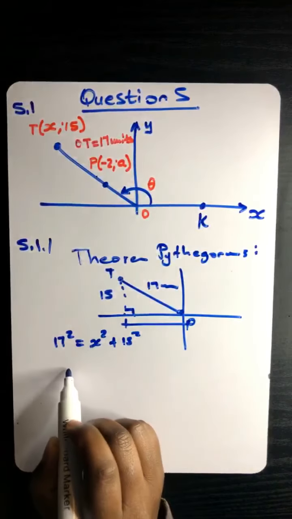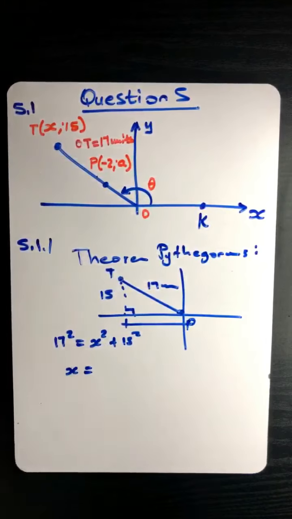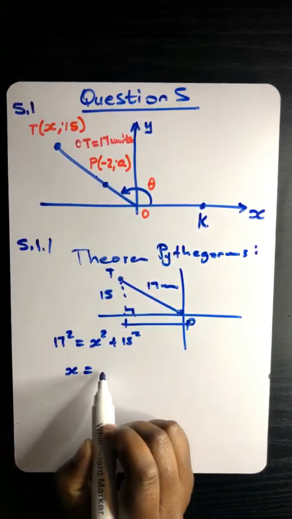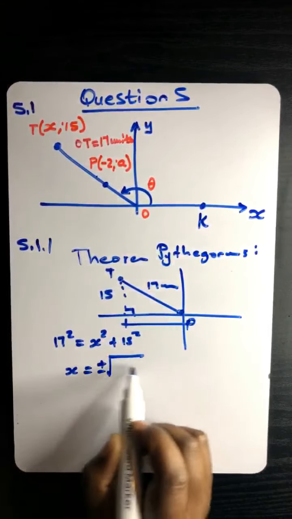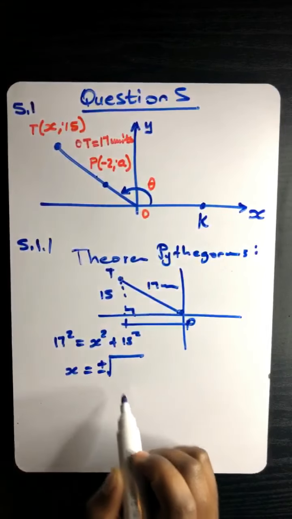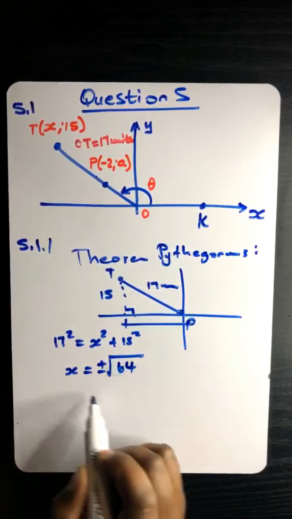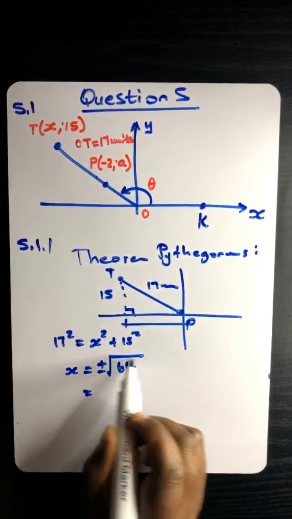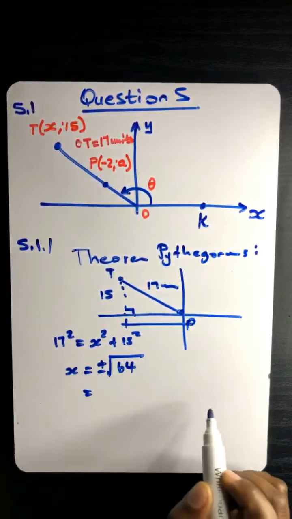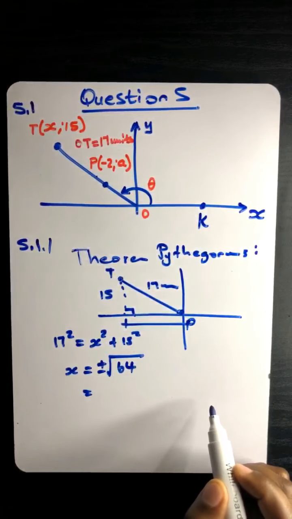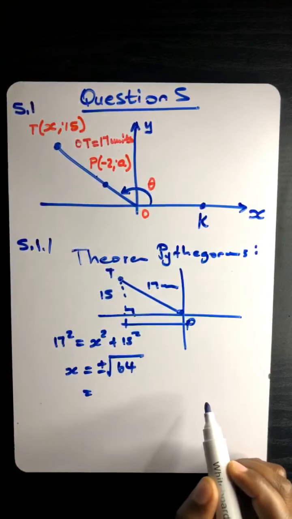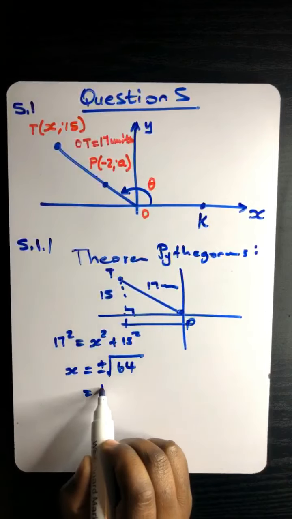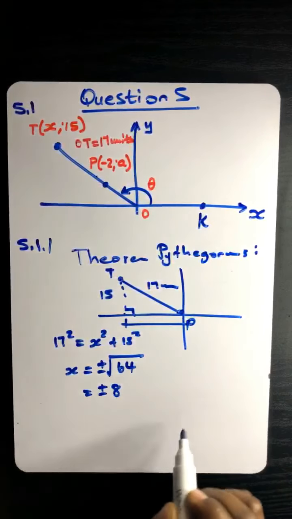Then you work it out. Obviously, we're going to have plus or minus. What is that value inside there? 64, yes. Okay, so what is the square root of 64? What are you guys getting there? 8. So that means we have plus or minus 8.